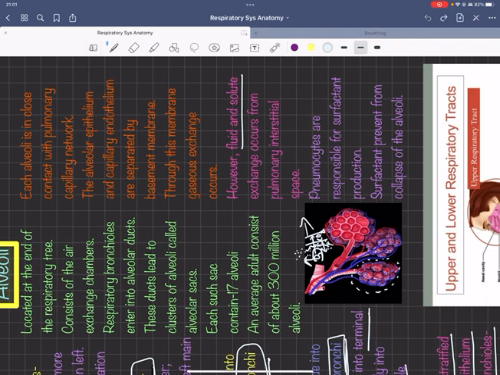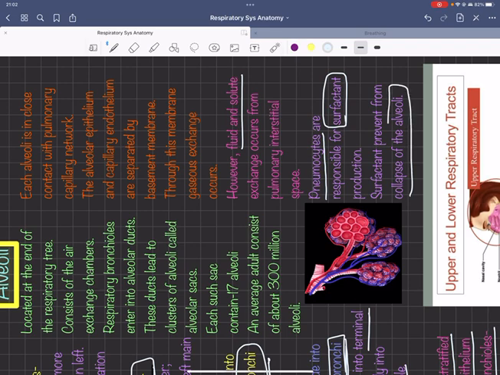One of the most important factors within the structure of the alveoli is that they have a specific kind of cell known as the pneumocytes, which is very important to know because they produce surfactant. Surfactant is one of the most essential factors to prevent the collapse of the alveoli.